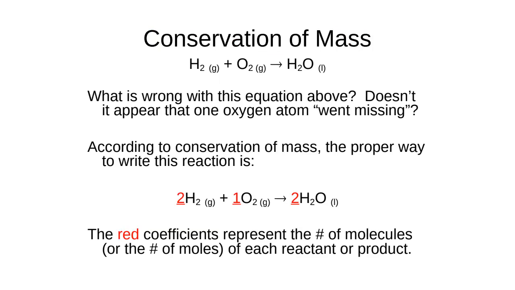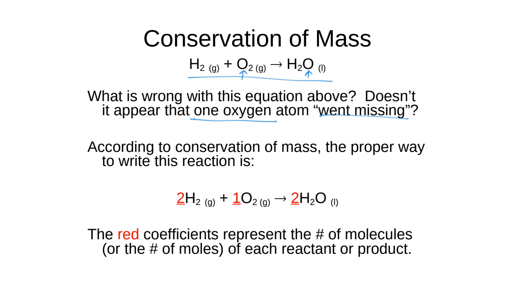To do that, we will balance this equation. In this equation, one oxygen atom went missing. You can see that in the product we have only one oxygen, and in the reactant we have two oxygens.